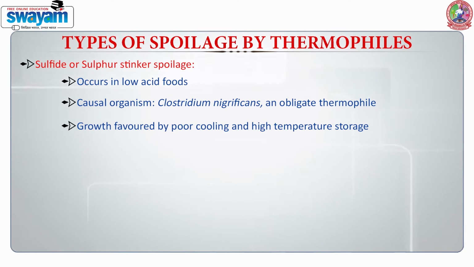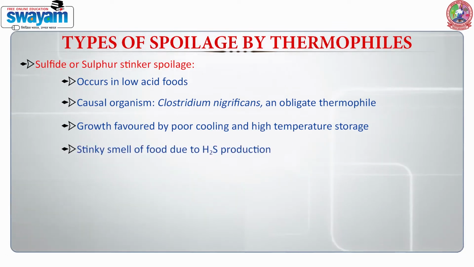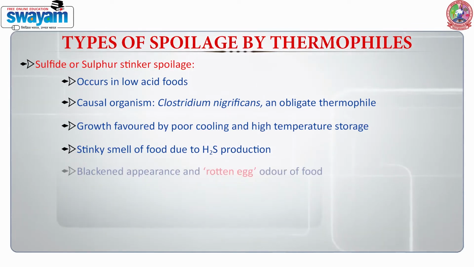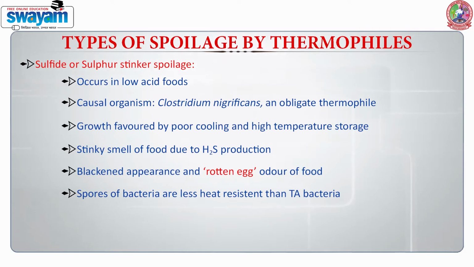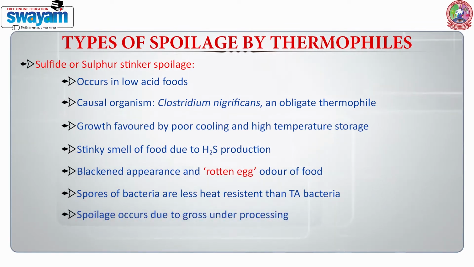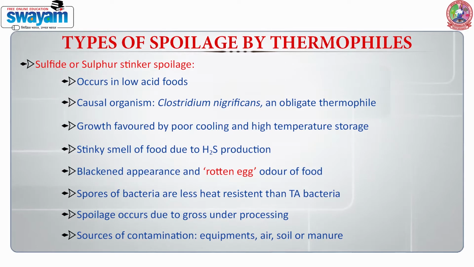The important features are a stinking smell of the food due to hydrogen sulfide production, a blackened appearance and a rotten egg odor. The spores of the bacteria are less tolerant to heat than the TA bacteria, and the spoilage occurs due to under processing of the food product. The sources of contamination of this organism are equipment, air, soil or manure.